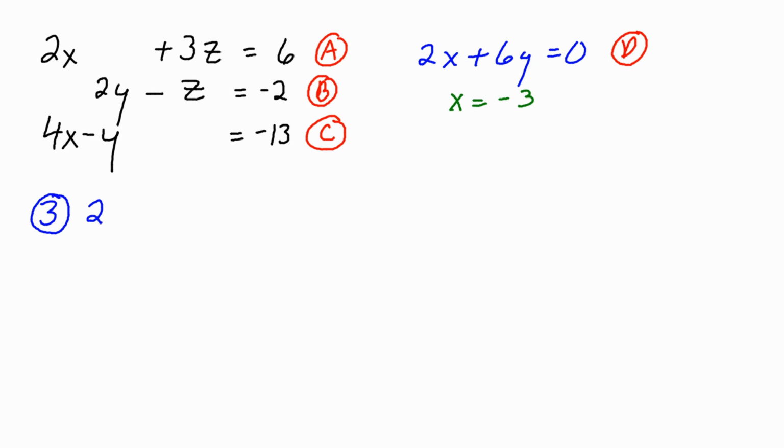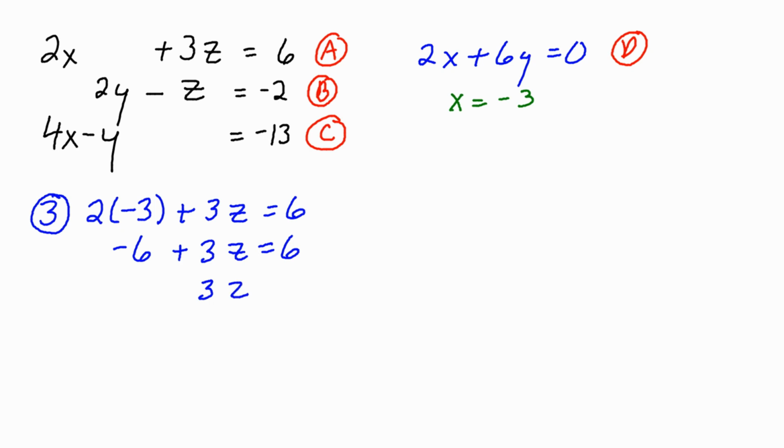So I have 2 times negative 3 plus 3z equals 6. 2 times negative 3 is a negative 6, plus 3z equals 6. Add 6 to both sides. 3z equals 12. Divide, and z equals 4.